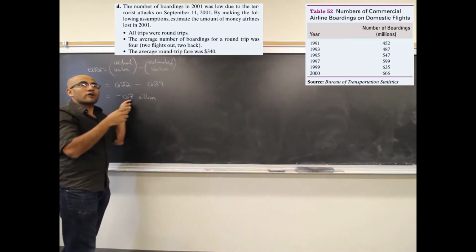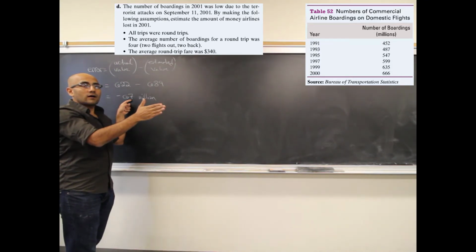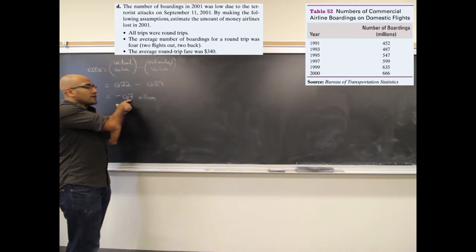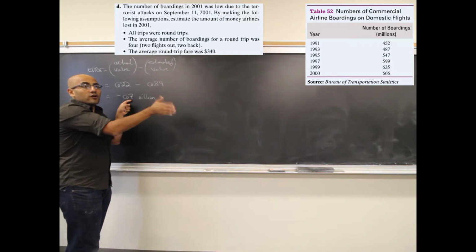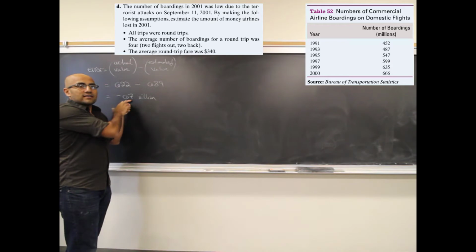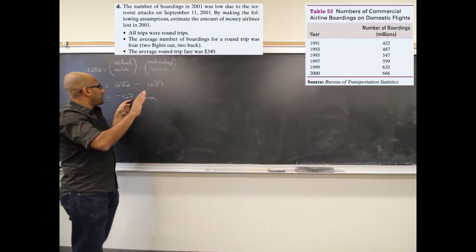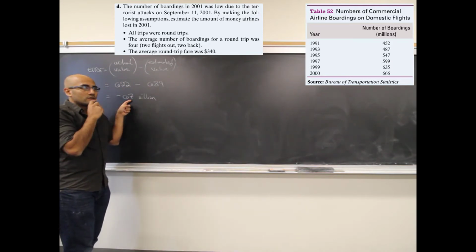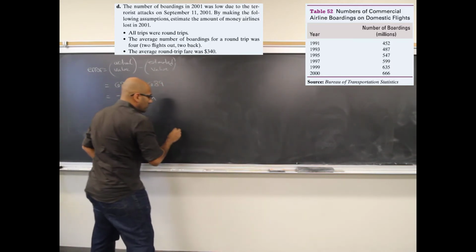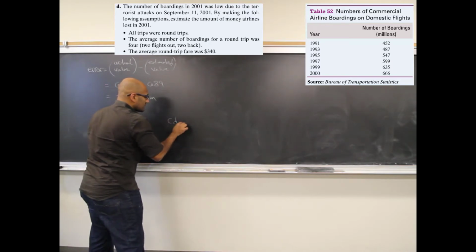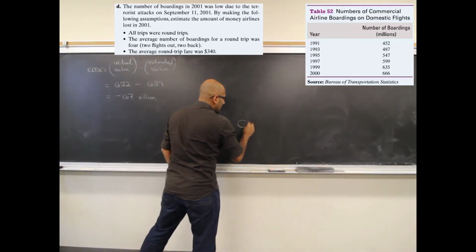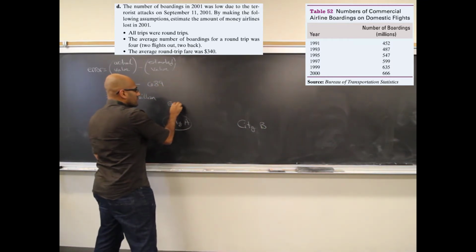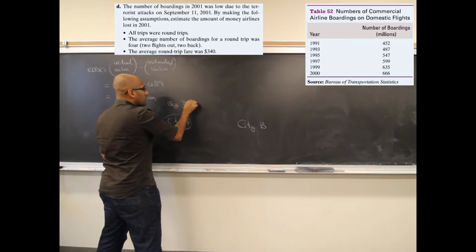if everything was being charged as one direction and you didn't have any connecting flights or anything, then there would be 67 million fares. But a fare isn't one direction, not including stopovers. A fare is a round trip. Most people start in city A and want to go to city B, and they pay an average of $340.